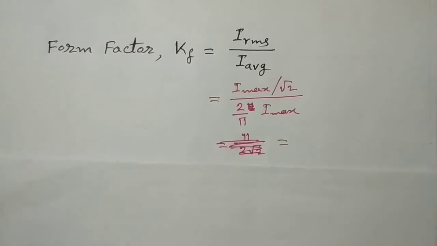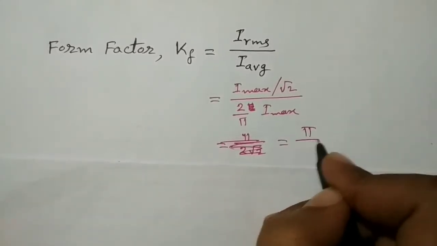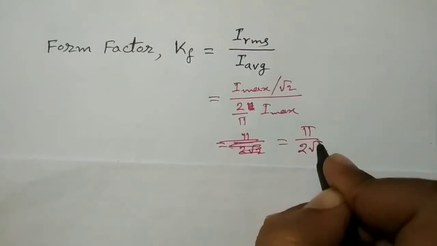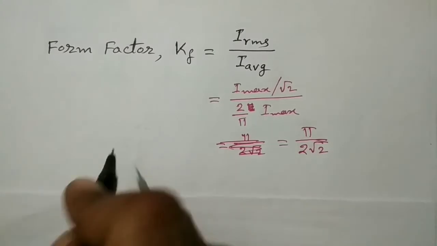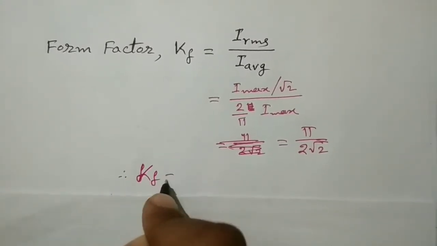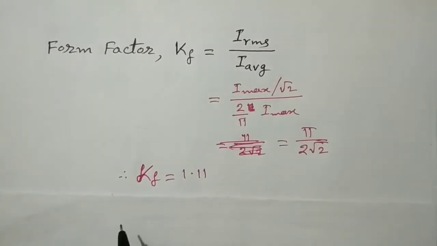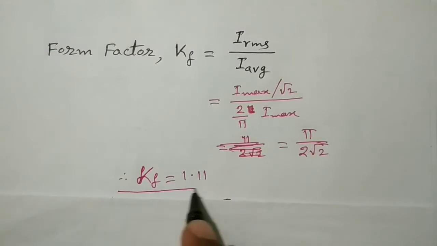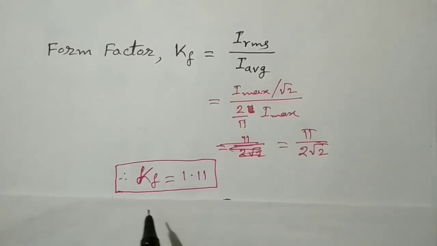If we simplify this, it will be pi upon 2 root 2. So finally, the form factor will be 1.11. And remember, this value is a constant for a purely symmetrical sinusoidal waveform. It will always be constant.